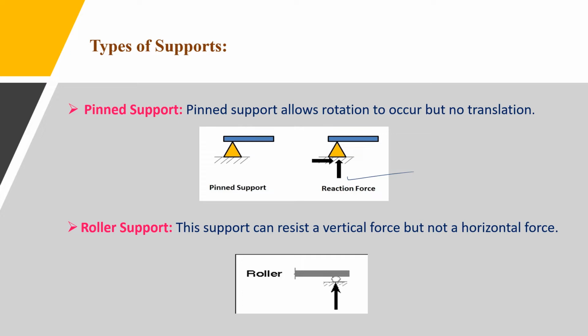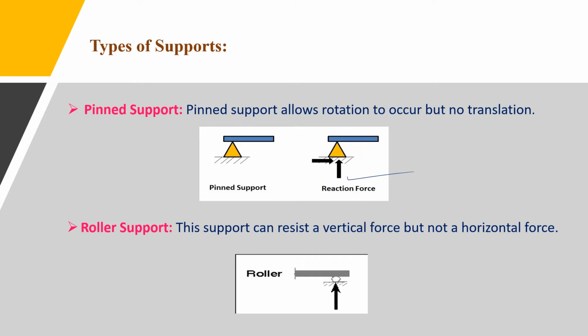So the pinned support has two support reactions. Those two support reactions are vertical reaction and horizontal reaction. It does not allow translating in any direction. This pinned support allows only rotation, in only one direction, and it resists the rotation in any other direction.